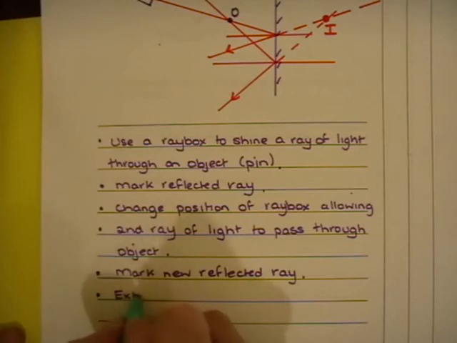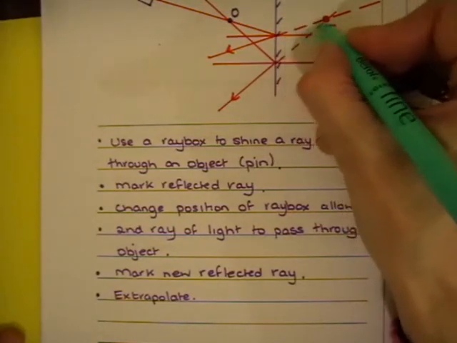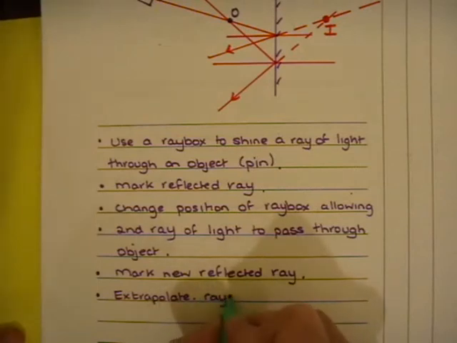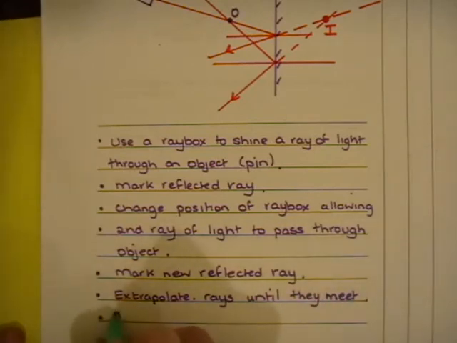Extrapolate rays until they meet. Extrapolate means continue. So you're continuing behind the mirror, but they're virtual rays, so you must do them as dotted lines there. Extrapolate rays until they meet. This is image position.